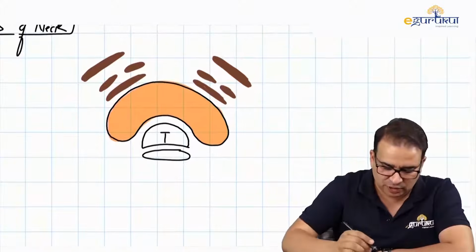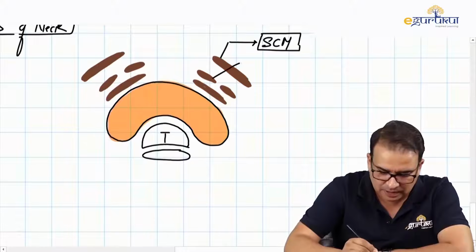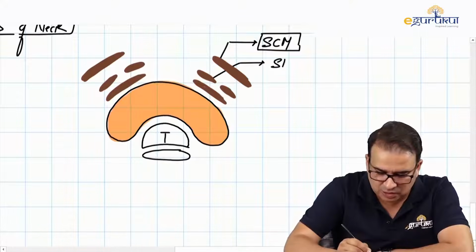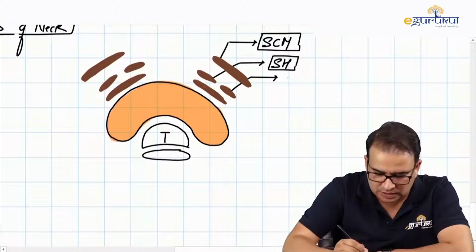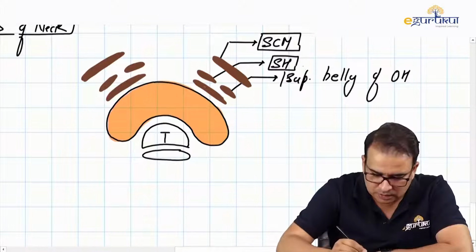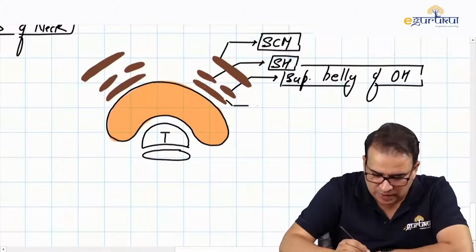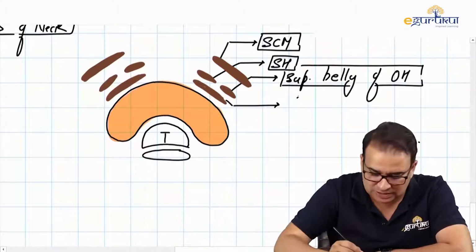So we'll be writing these relations here only, guys. This muscle is the sternocleidomastoid enclosed in the investing layer. The muscle here is sternohyoid. This one here is the superior belly of omohyoid. And the closest one, which is preventing the thyroid swelling from going upward, that was what?